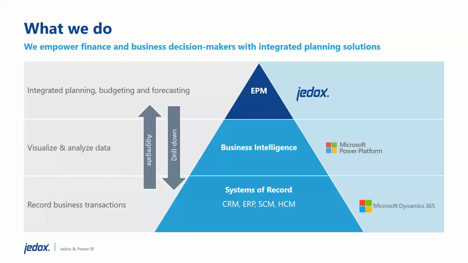And to complete the whole picture you need to have a very strong integration layer to aggregate data from systems of record like CRM, ERP, supply chain management, HCM systems, and you want to be able to drill down perhaps to the single transactional level.